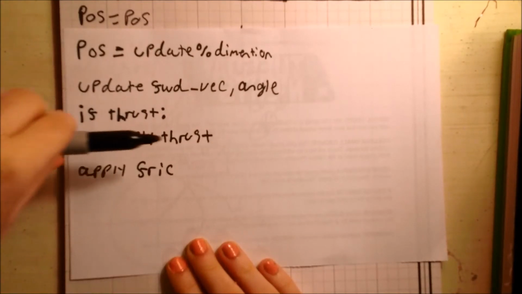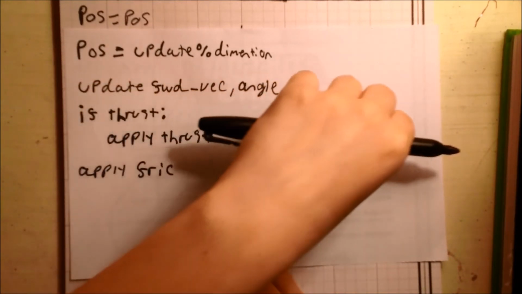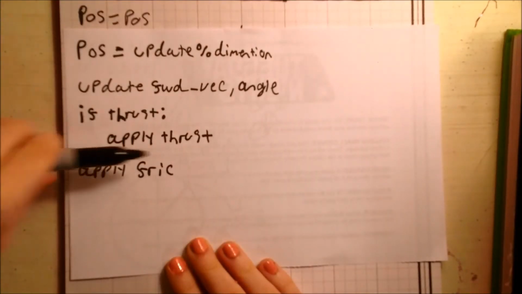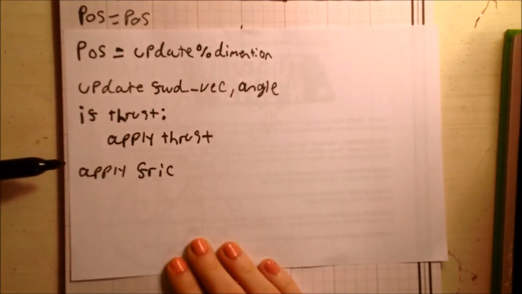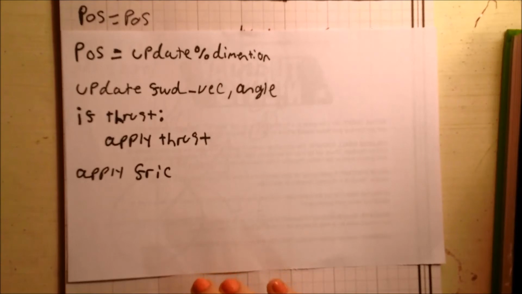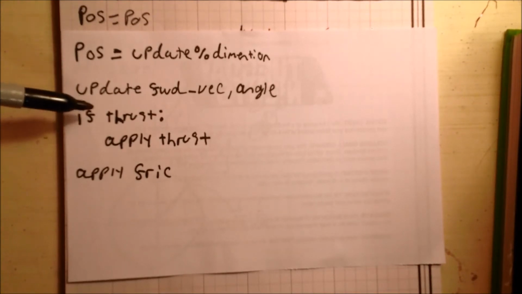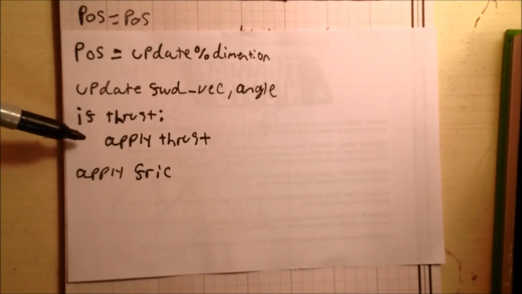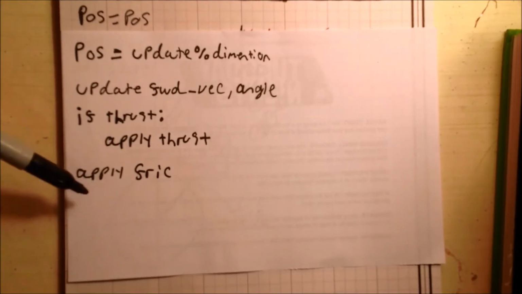But if you put update modulo dimension, it'll reach the edge of the screen and just wrap around, and keep going. And if you look carefully, you can almost see that flicking moment there. So anyways, the update function is going to just update the position, and then the forward vector and the angle, and then remember to apply the thrust and to apply friction.